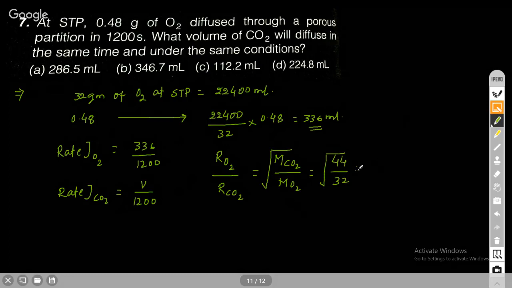Now when you simplify, the rate of O2 is 336, this 1200 and 1200 will get cancelled, divided by V is equal to root under 44 by 32. When you solve this, approximately you will get 286.5 ml. This calculation you have to do. Hence, the answer will be option A.